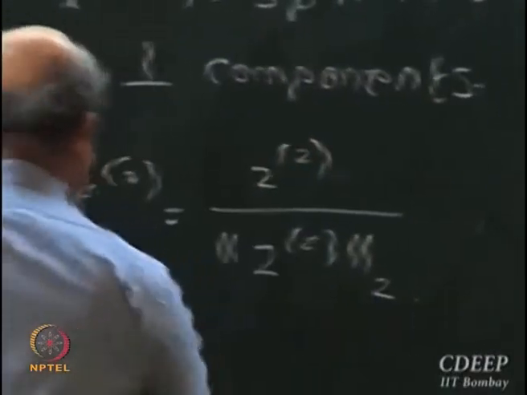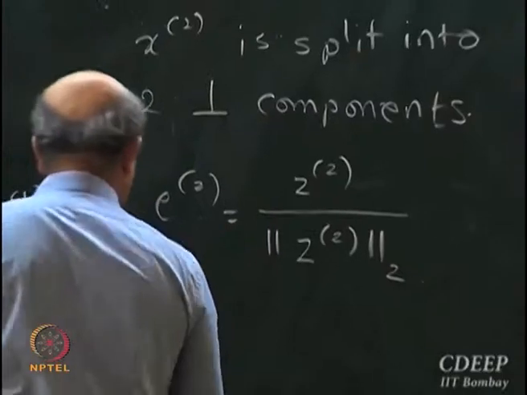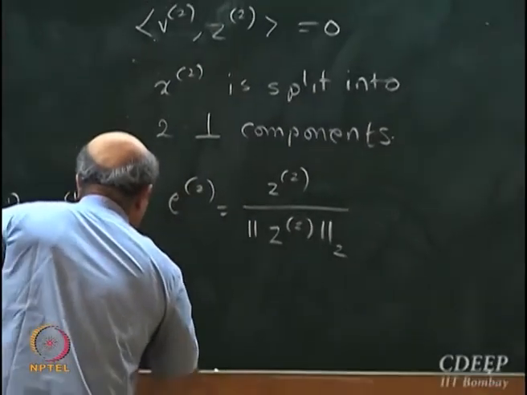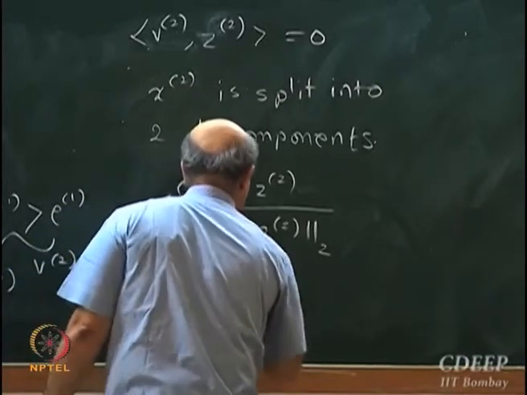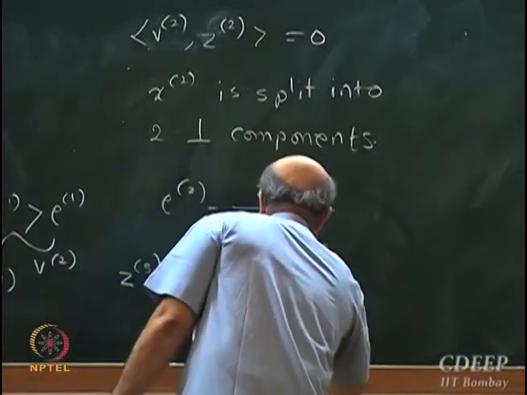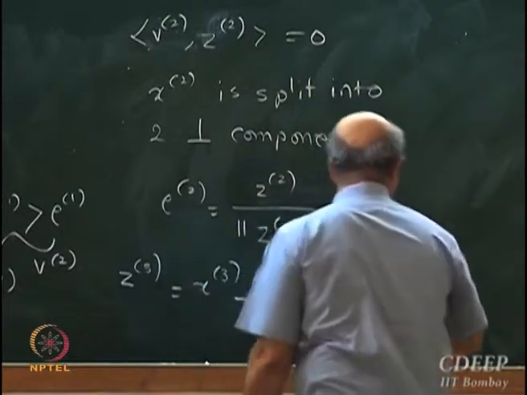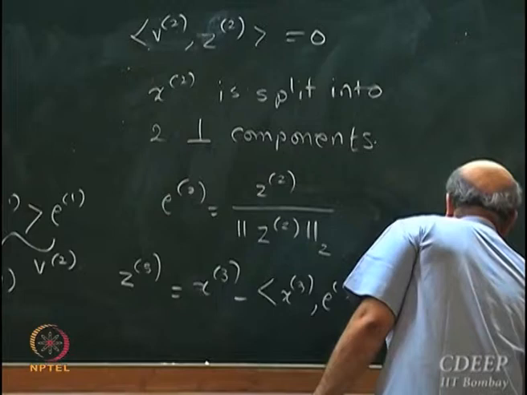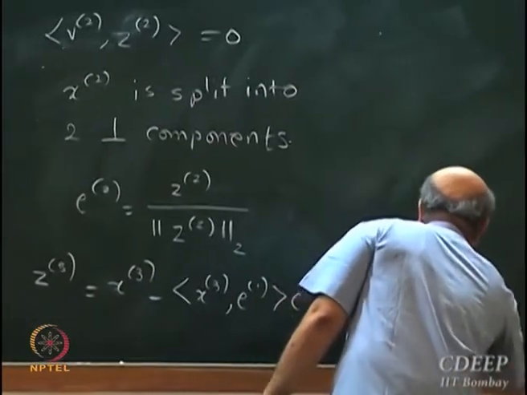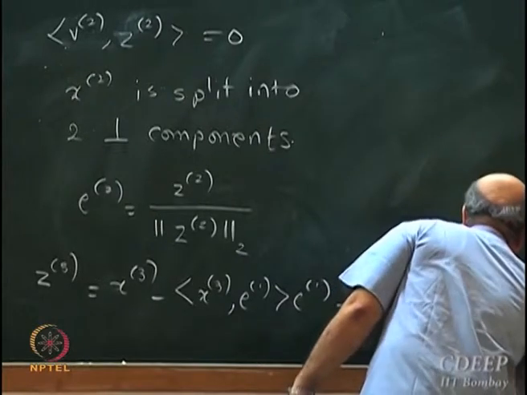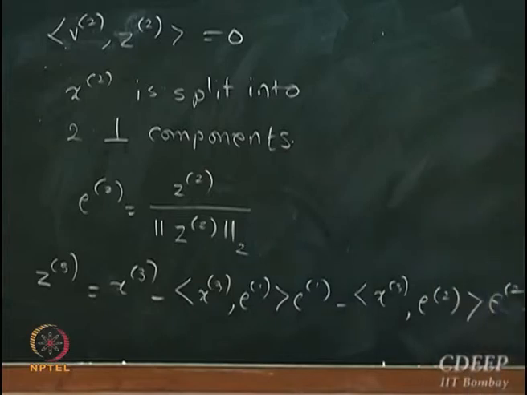So this process is called... my next step would be to define Z3, which is x3 minus x3 inner product E1, minus x3 inner product E2.